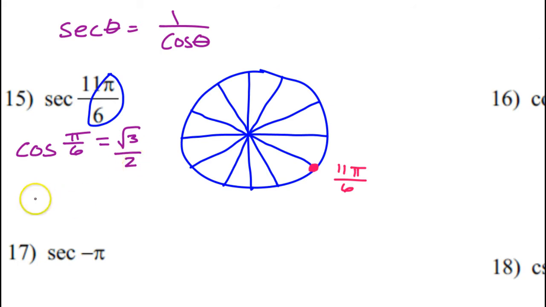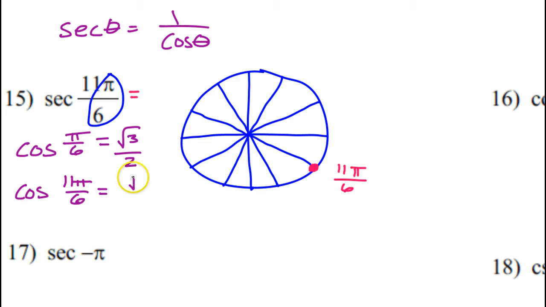Okay, so fine. In that case, what is the cosine of the original angle 11 pi over 6? So remember, the cosine of the reference angle should be the same thing as the cosine of the actual angle, except maybe this will be negative.